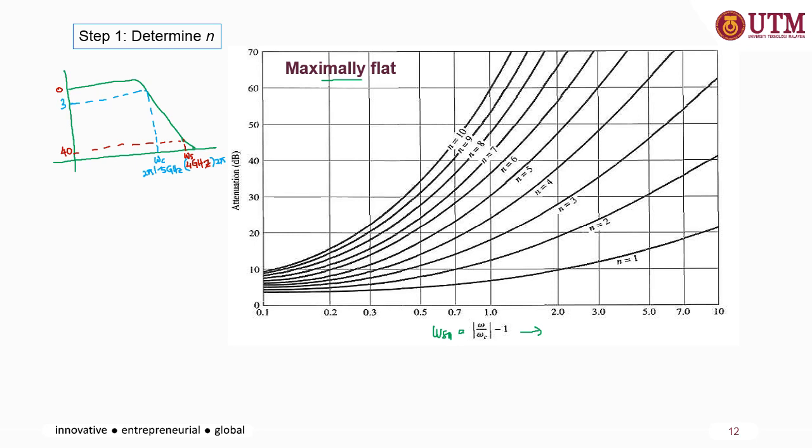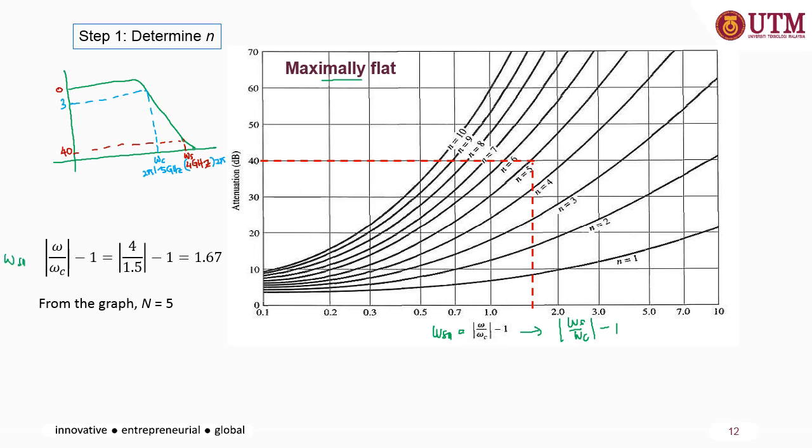In this case, low pass filter, so omega Sn will be omega S divided by omega C minus 1. Once you have the omega Sn, equal to 1.67, somewhere here, and the stop band gain is 40, the cross section is there. So in this case, obviously your n equals 5.